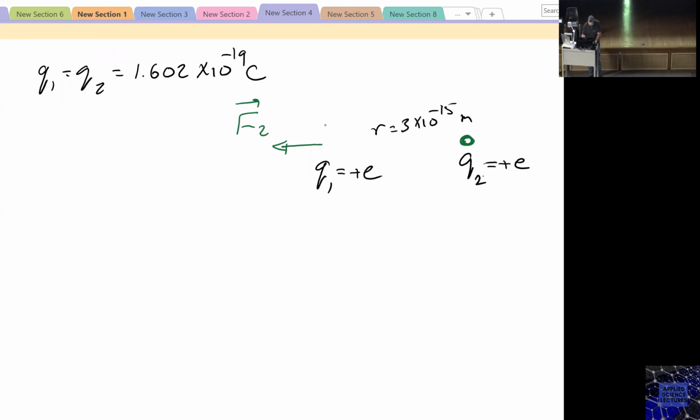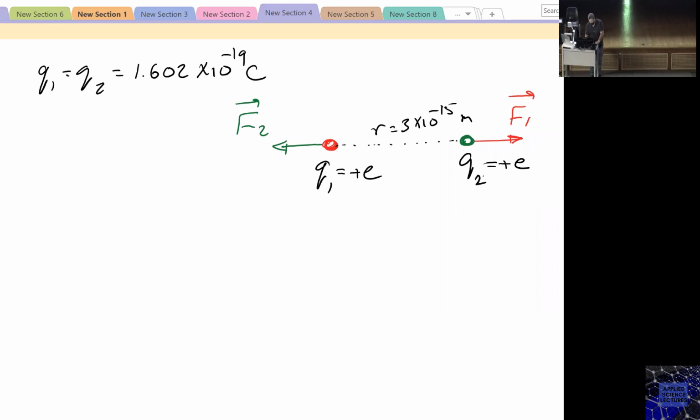And if my Q1 is in red, then the force exerted by Q1 on the Q2 would be in this direction. Draw the line between the two charges, and then on that line, the forces should lie as well. Alike charges, repulsive forces. Opposite charges, attractive forces.